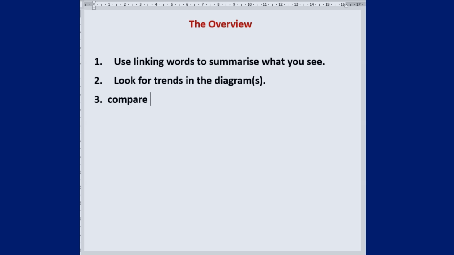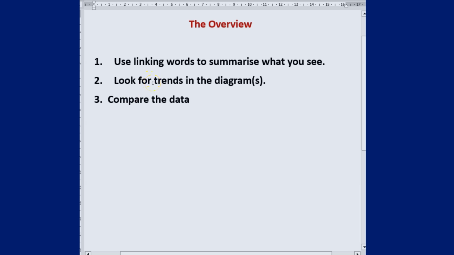Very important. You need to compare the data or the variable. So there have to be 3 things done here in your overview. Your overview should have linking where it starts the whole thing, right? Like overall, in summary, or to summarize. You should also look out for the main trends in the diagram.